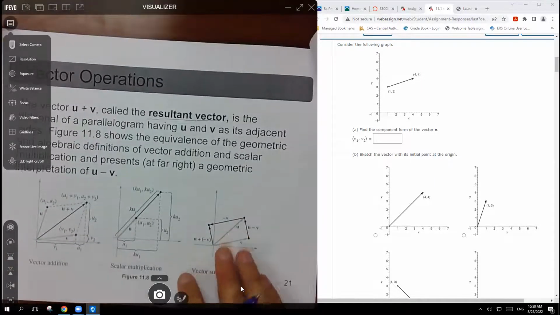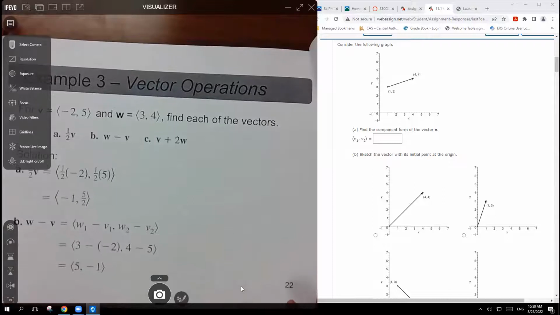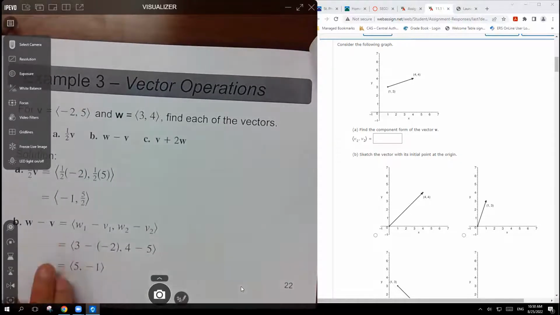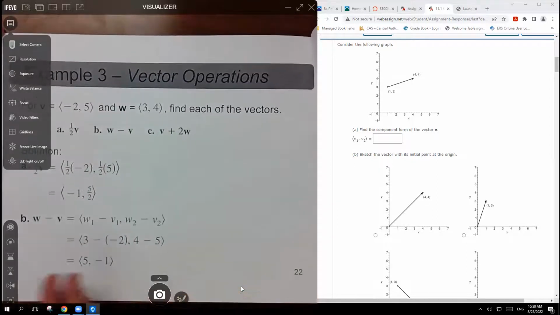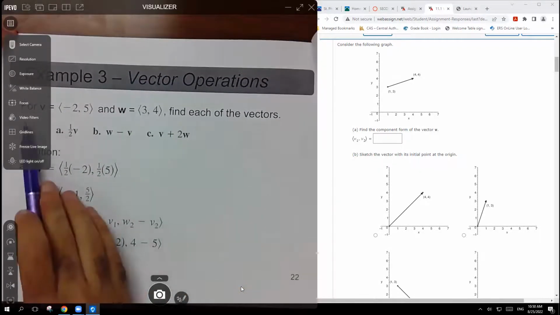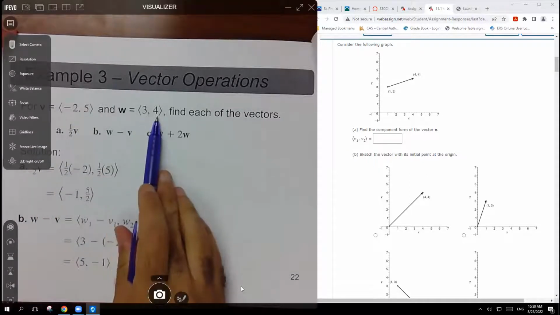Let's go to the next page. Here's just an example. We're going to go fast through these examples. We're going to start working on examples, which is exactly the same process. For these vectors, negative 2 and 5, and 3, 4. We have 2 vectors.